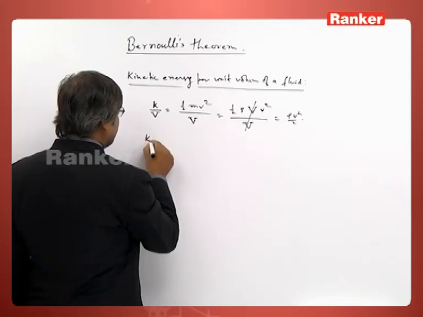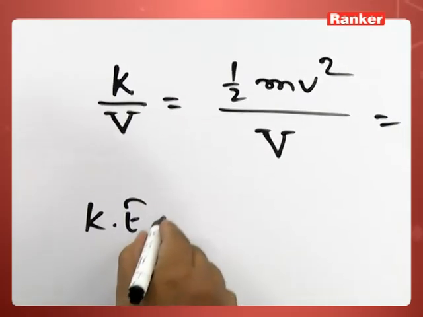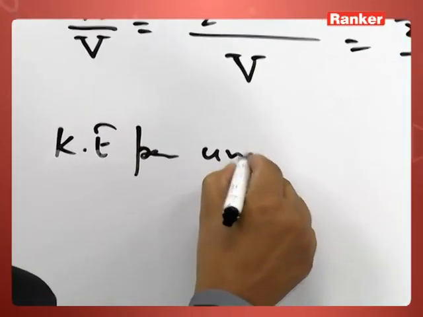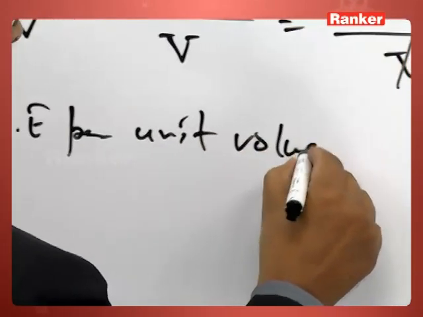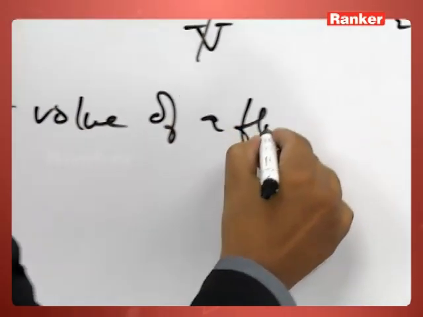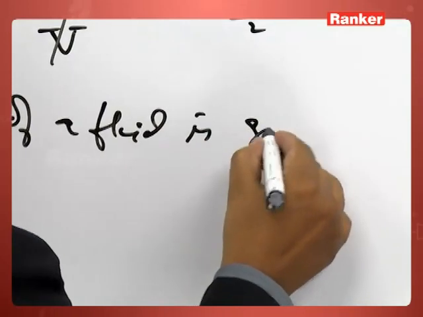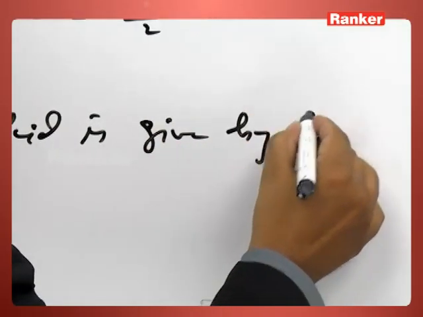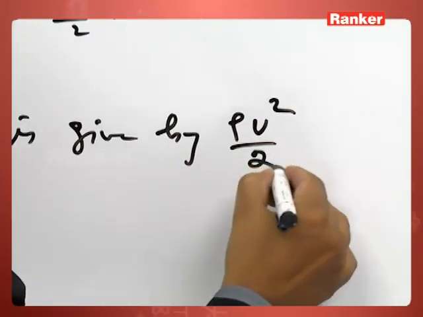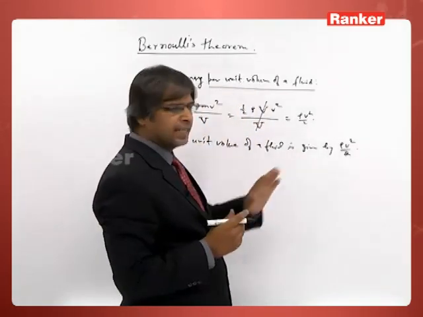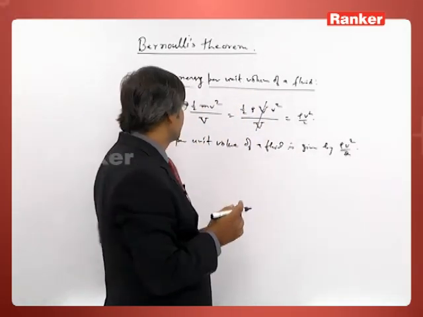So the kinetic energy per unit volume of a fluid is given by rho v square by 2.